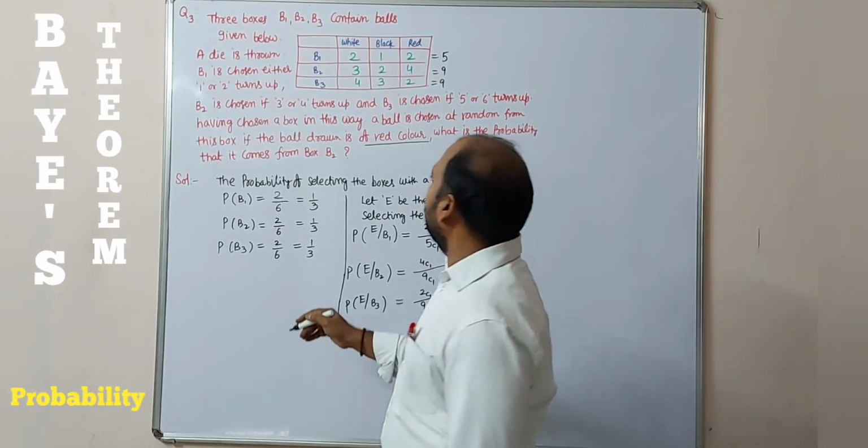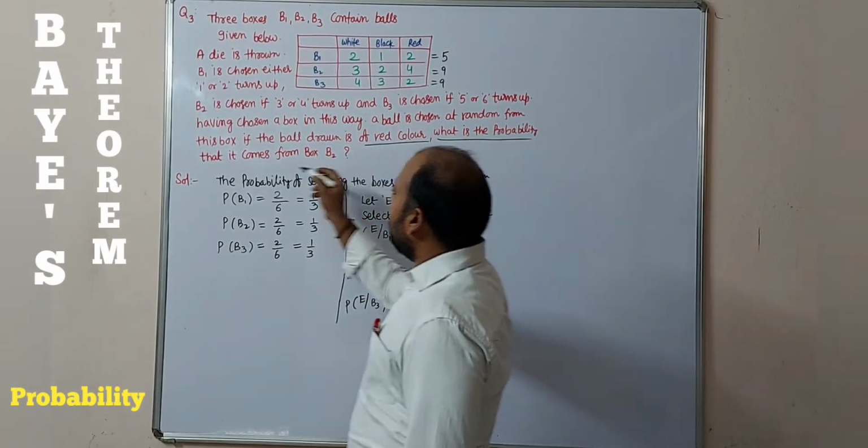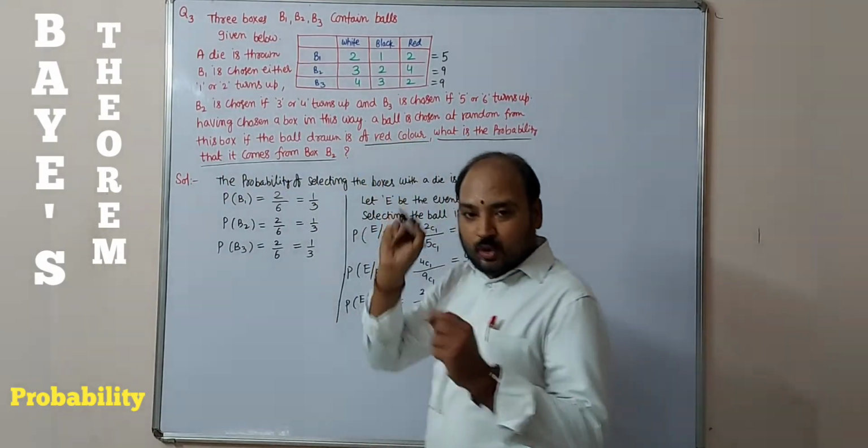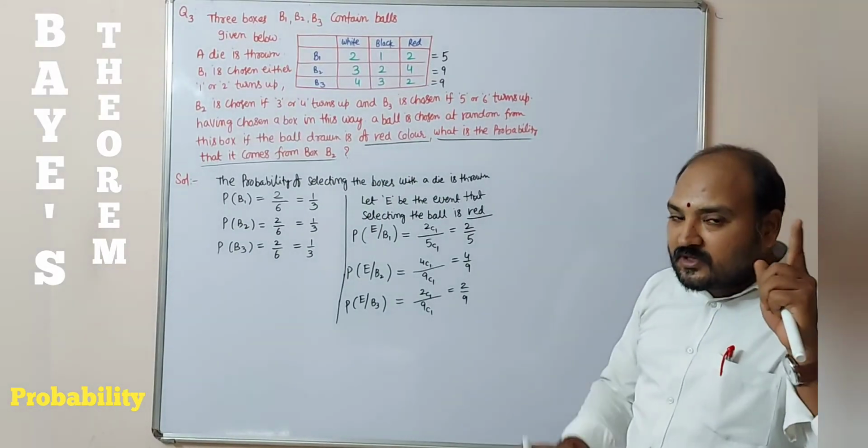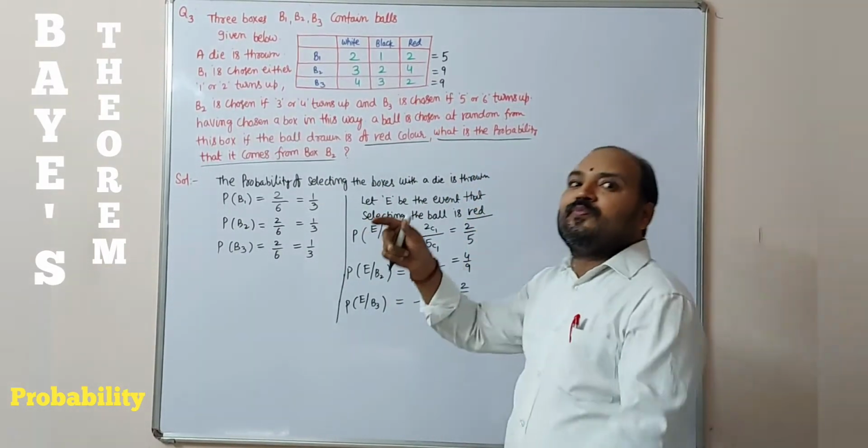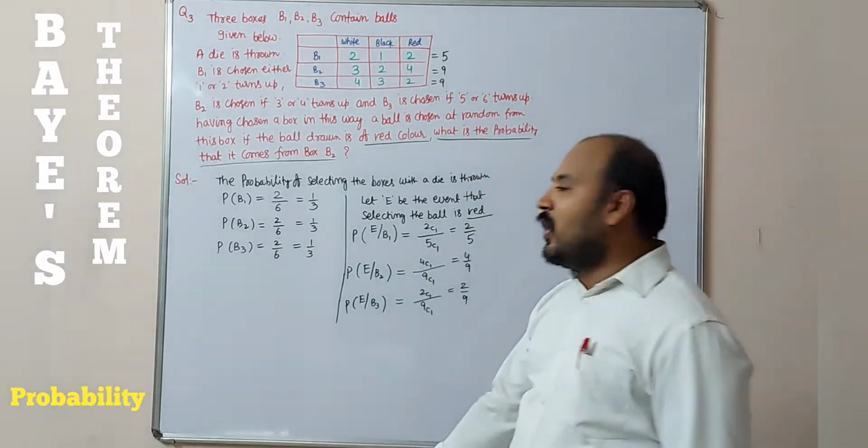But now, what is the probability that it comes from box 2? That means the probability of selecting box 2, when we know the ball drawn is red.